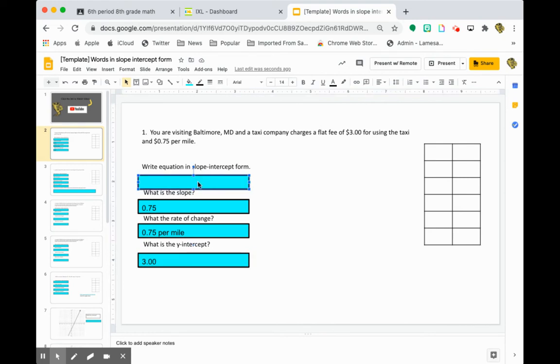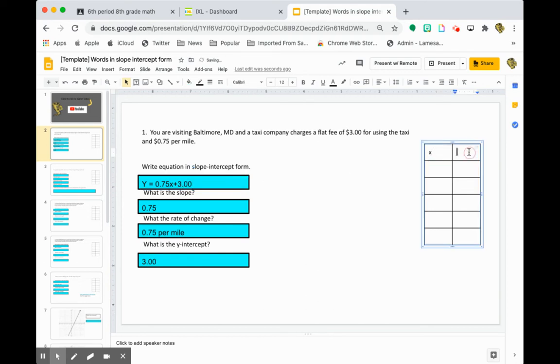It would look like y equals 0.75x, because our x goes behind our slope, which is 75 cents per mile, plus $3.